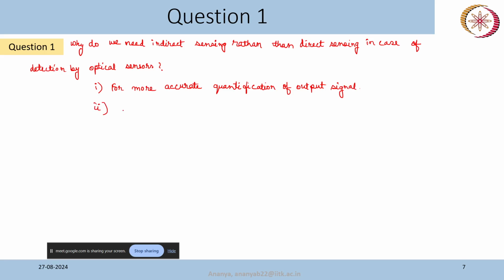Second option is to have an increased resolution of detection.